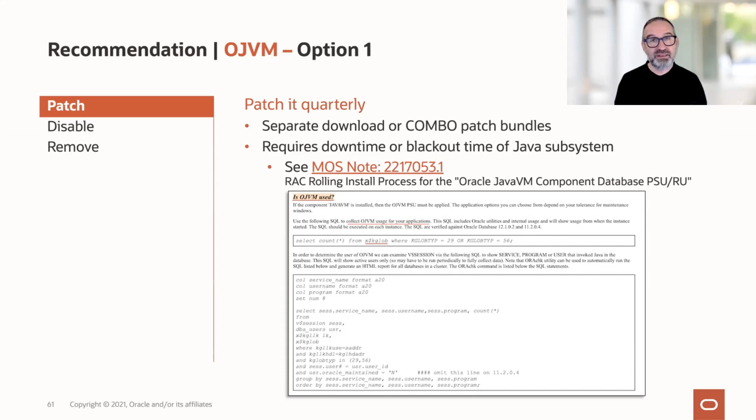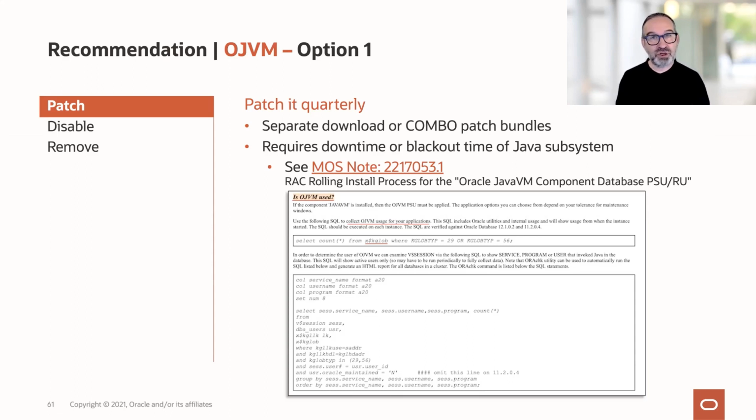Now, the good thing is, if you have a RAC environment, since I think around the 18.5, 18.6 patch bundle, OJVM can be applied rolling in a RAC environment, and you have only a blackout in the Java subsystem. If that blackout hits you depends on whether you are using OJVM or not. If no application is using OJVM in your database, then that blackout doesn't matter for you.